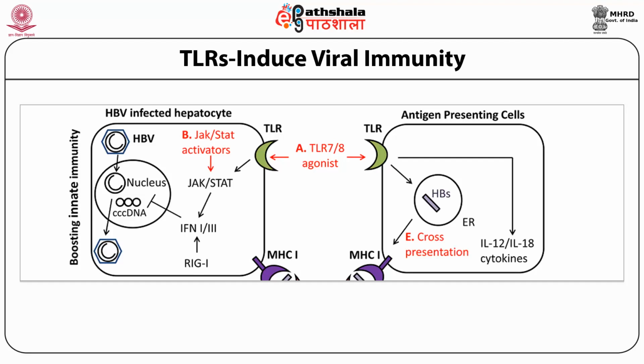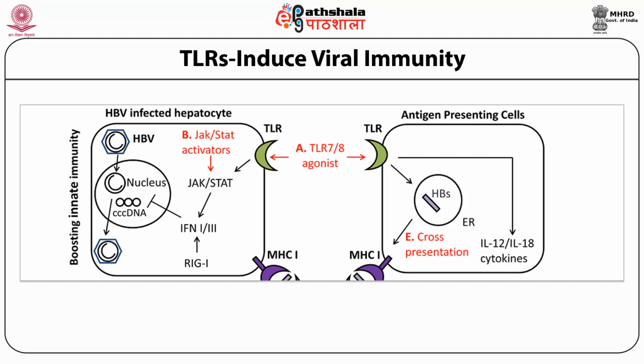Now, if you see the right side picture of the antigen presenting cell, which is called the Kupffer cell in the liver, when you increase the TLR expression, there is an S antigen molecule in the endoplasmic reticulum, and this TLR7 expression also increases the IL-12 and IL-18 cytokines, which are essential for the antiviral immunity.